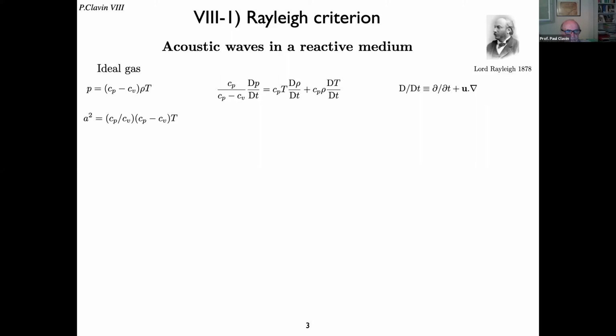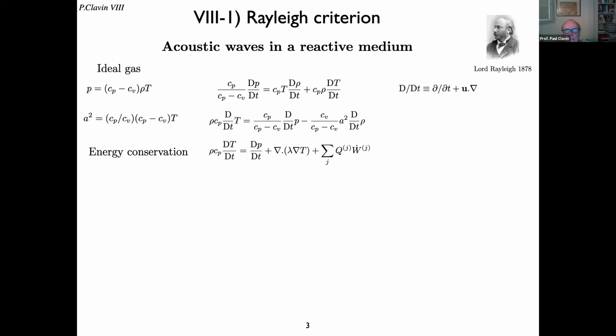Introducing the sound speed squared times this expression here, you may write this equation like that by putting the temperature on the left-hand side, and by expressing dρ over dt by introducing Cp T and introducing A squared for Cp T, the energy conservation equation, which I recalled in the second lecture, where the pressure term appears on the right-hand side.